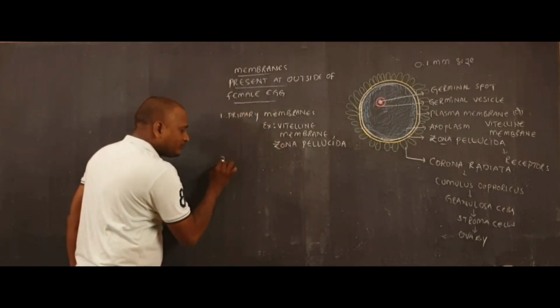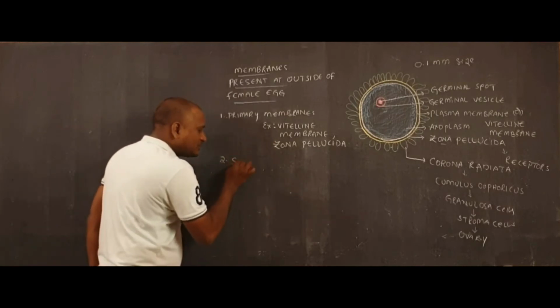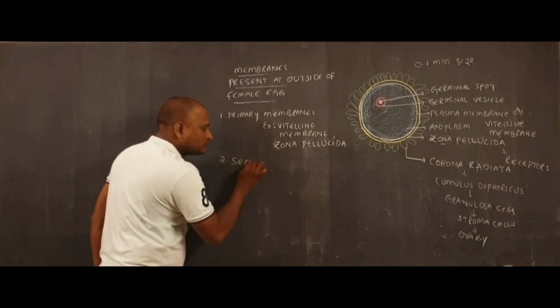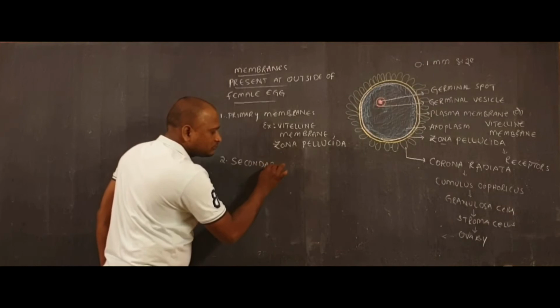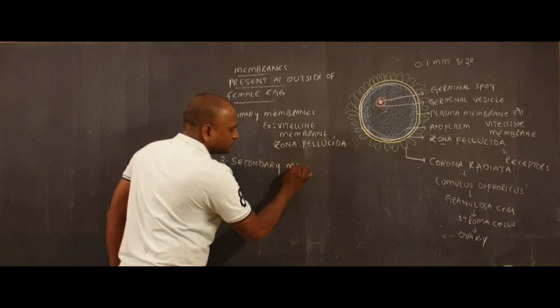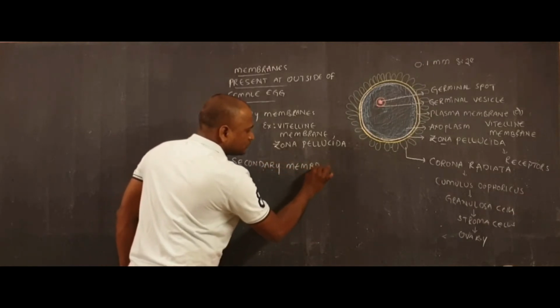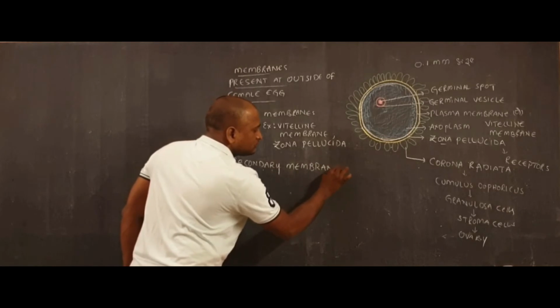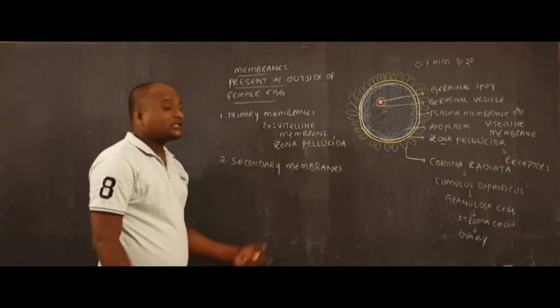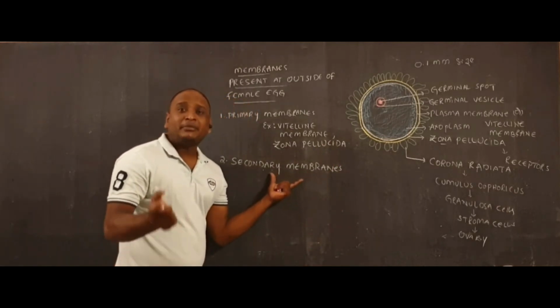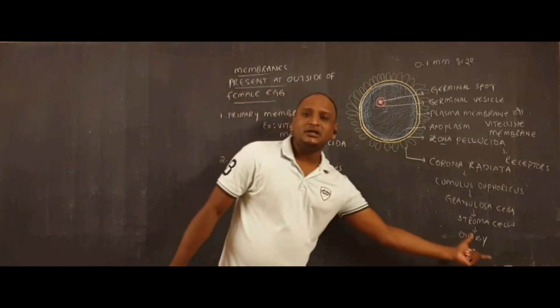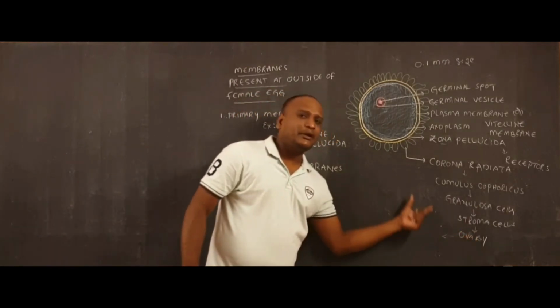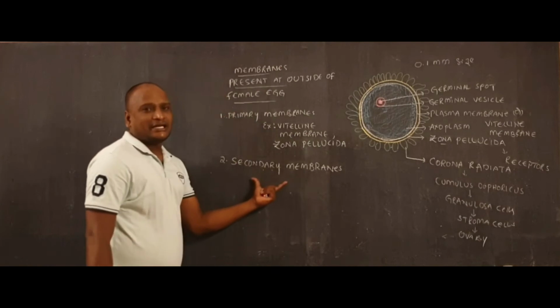Second one, secondary membranes. Secondary membranes means membranes which are formed from the ovary. That kind of membranes are also called secondary membranes.